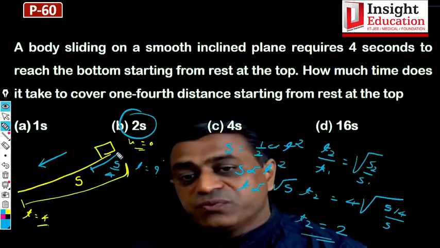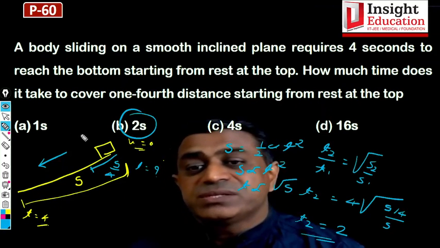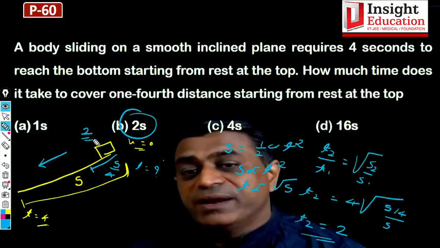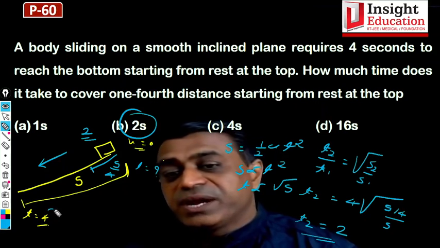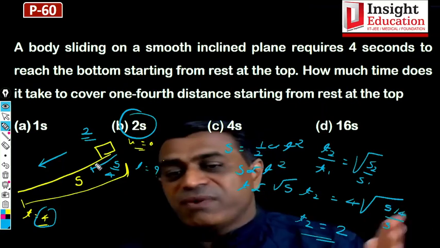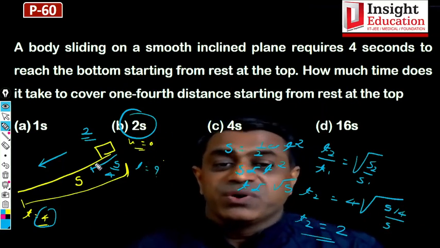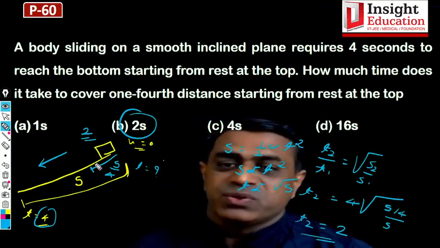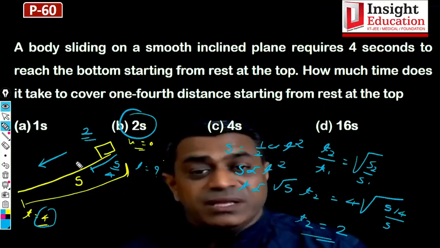So you can see that to cover 1/4 distance it requires 2 seconds, and to cover the full distance it requires 4 seconds. It means initially the speed is slow, and finally the speed is very large, because it is accelerated motion. A similar situation is in a water park.